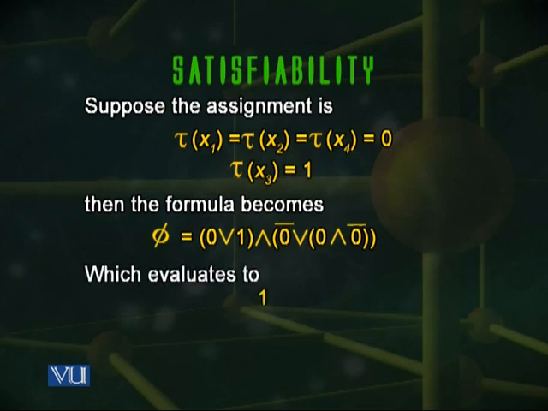If we evaluate this as we usually do, then this whole thing becomes 0, and we denote this value by phi with a bar and tau.